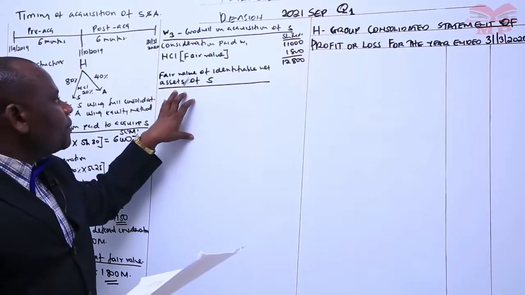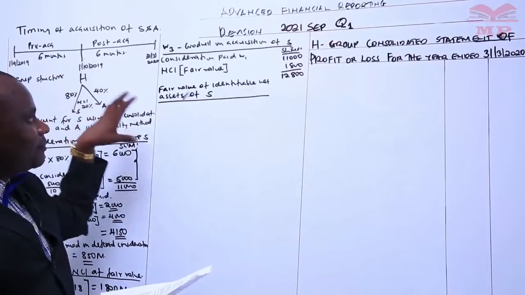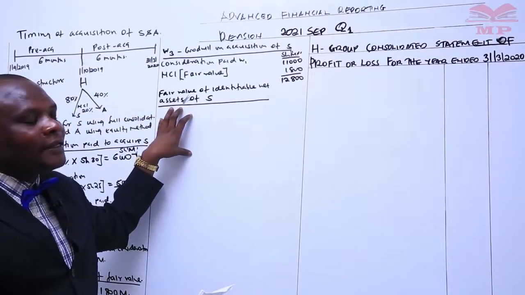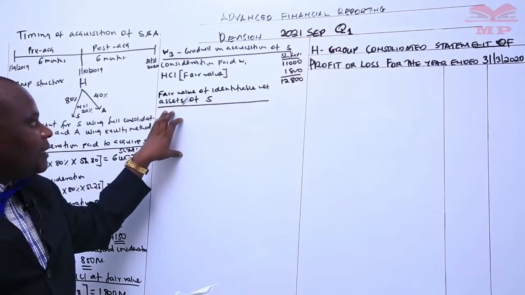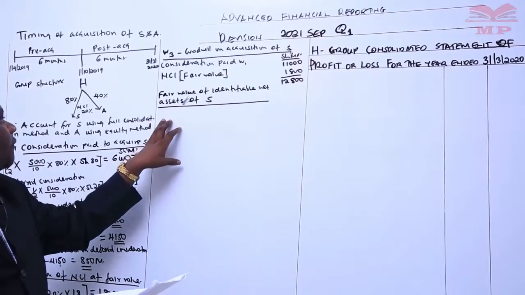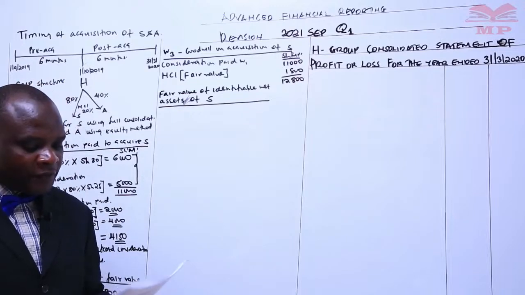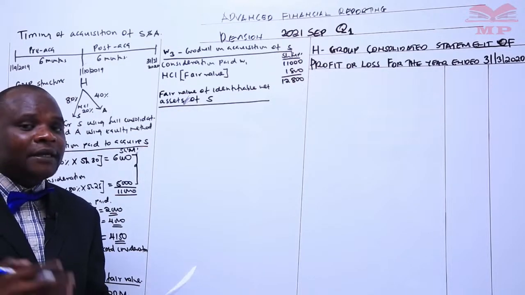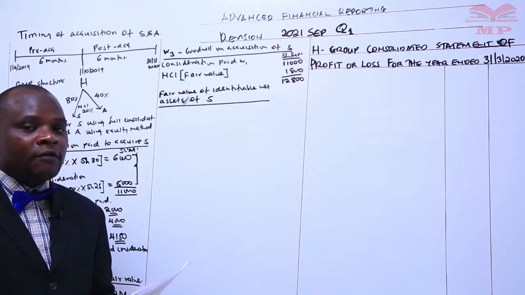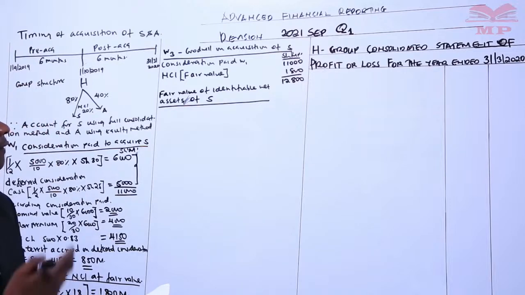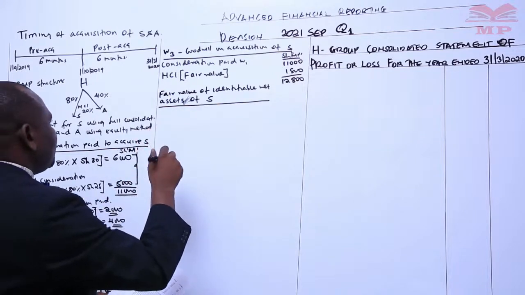In this case, we need the pre-acquired retained profit, that is the profits that S made alone before being acquired by H. We also need the ordinary share capital of S, the share premium, and any fair value adjustment. Fair value adjustment means some of the assets owned by S gained value at the date of acquisition, and that is a benefit to S that must form part of the net assets.